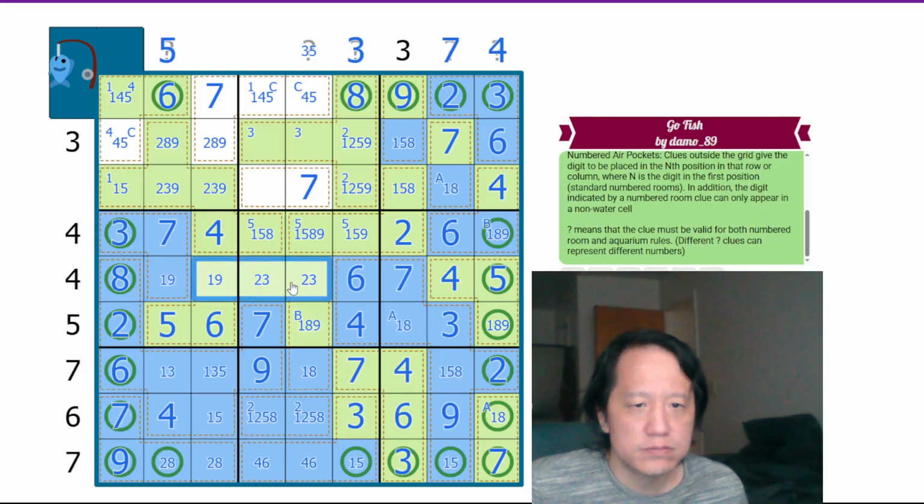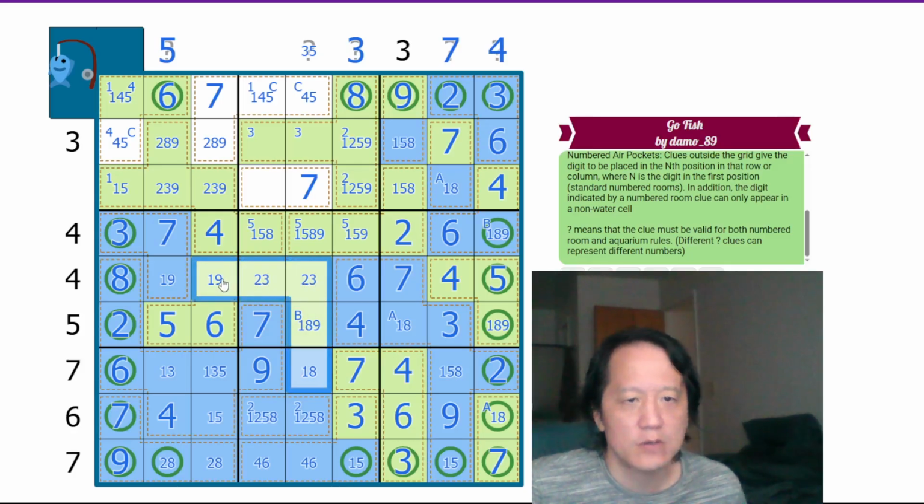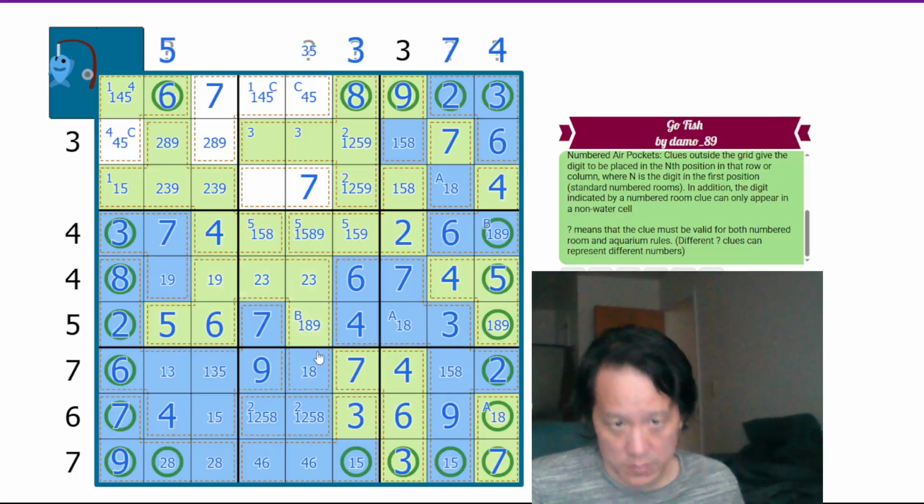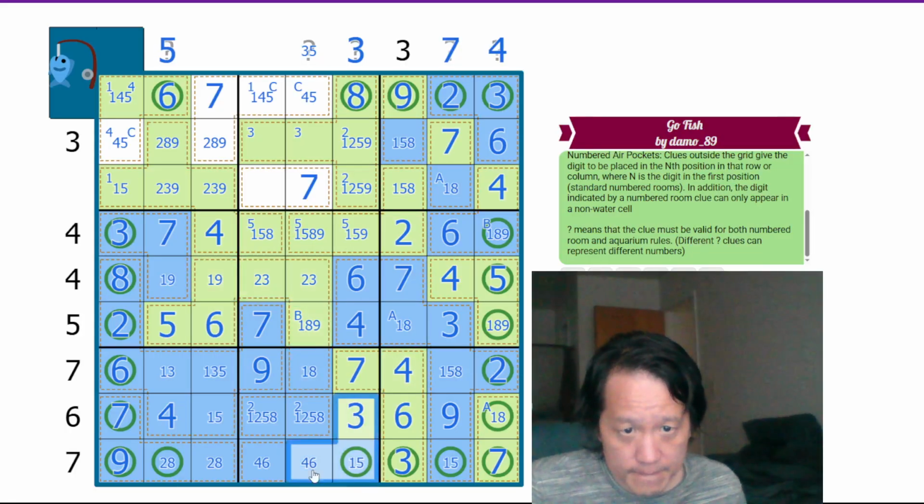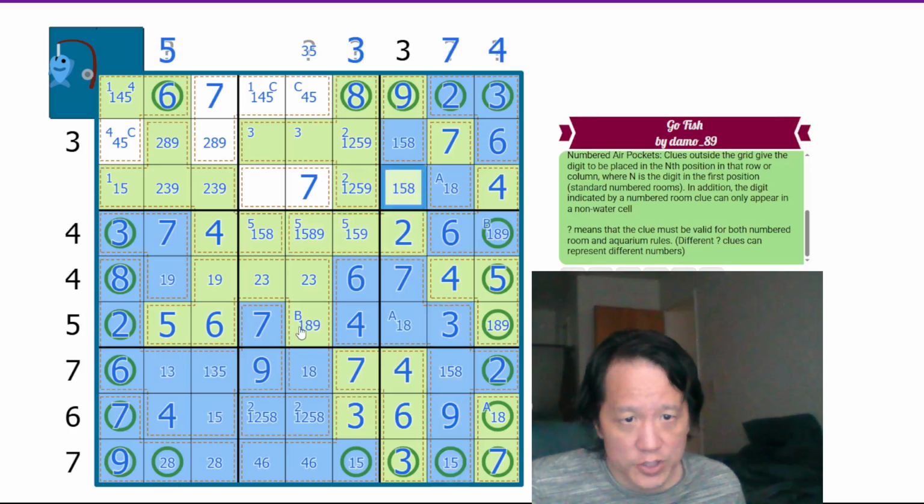So obviously this is missing a 7 and it's missing a 4. That's fine. This digit could be either of these 2. We don't know which.